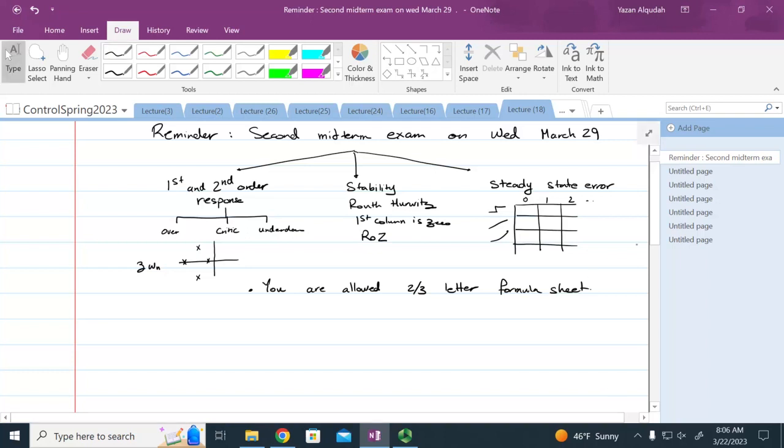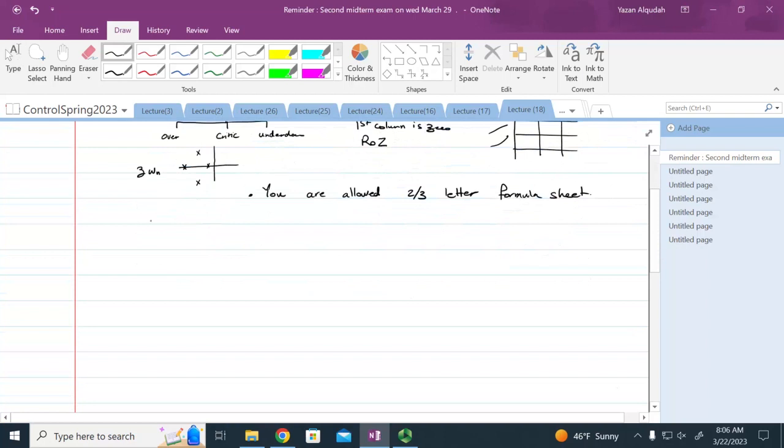Okay. So what we're going to be doing today is we're going to finish the root locus, plotting the root locus, and we're going to start the second topic, which is the controller design using root locus.